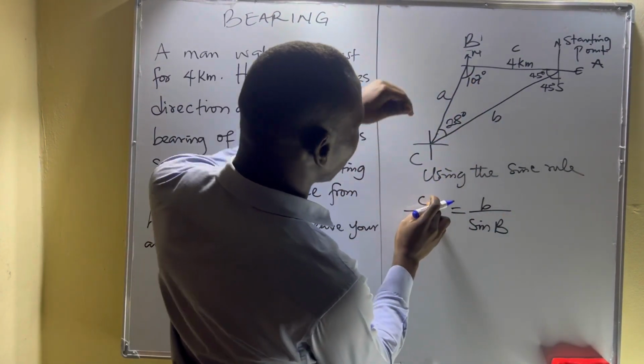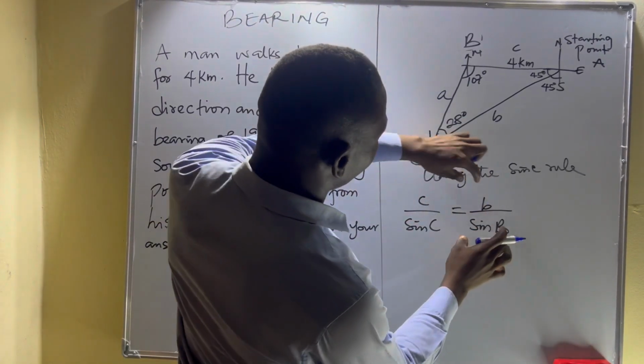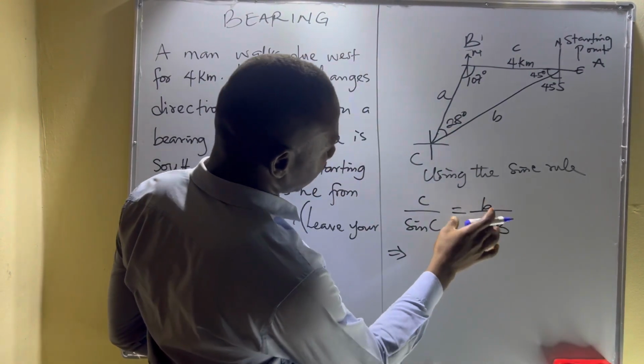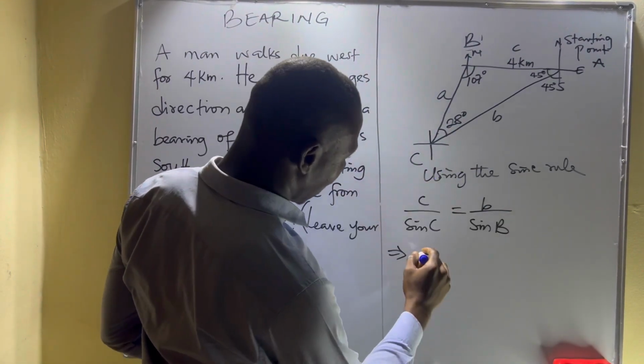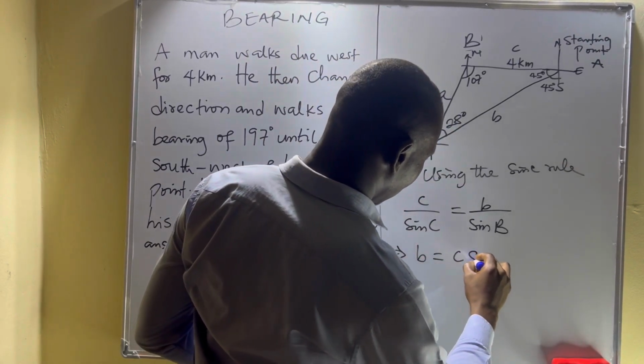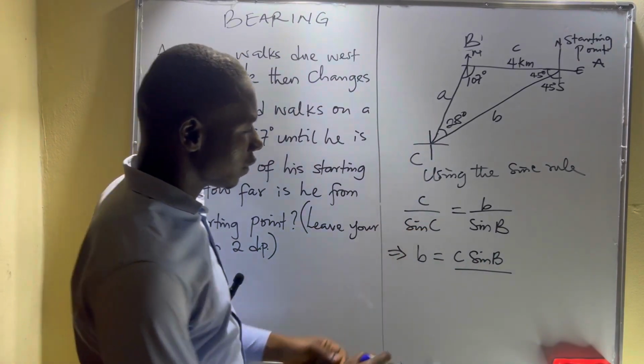Our small c here is 4 kilometers. To find b, I will make b the subject. So b must be equal to small c sine B over sine C.